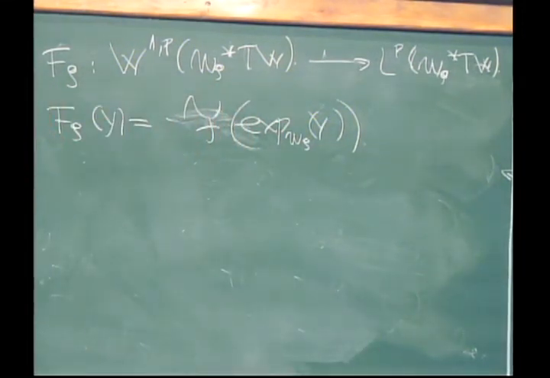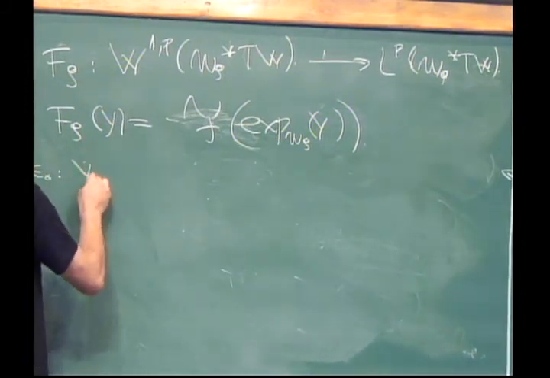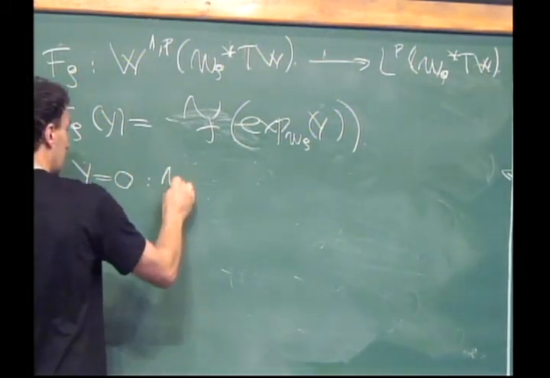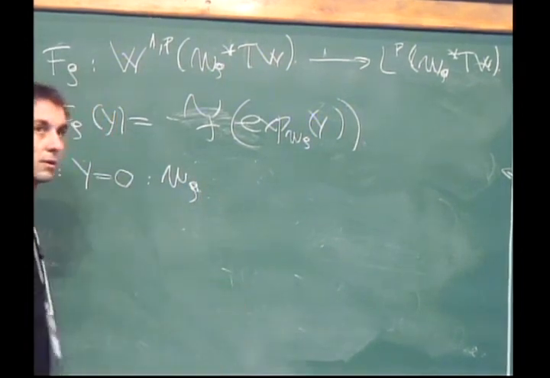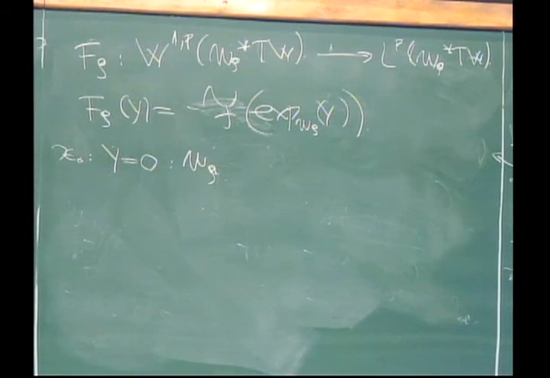Which means that the initial point x0 corresponds to y equal to 0, and so to W rho, which is the pre-gluing.